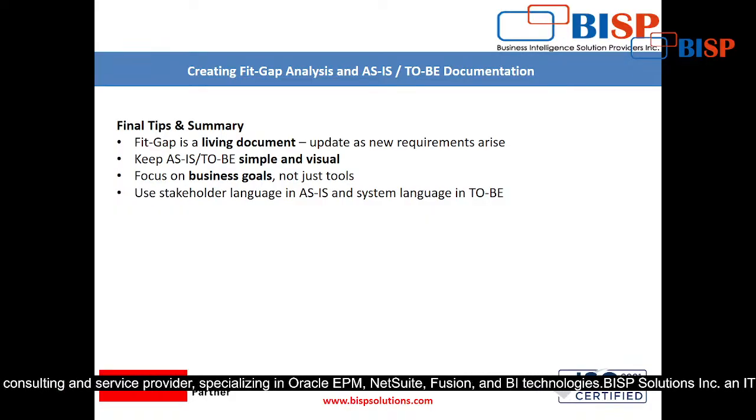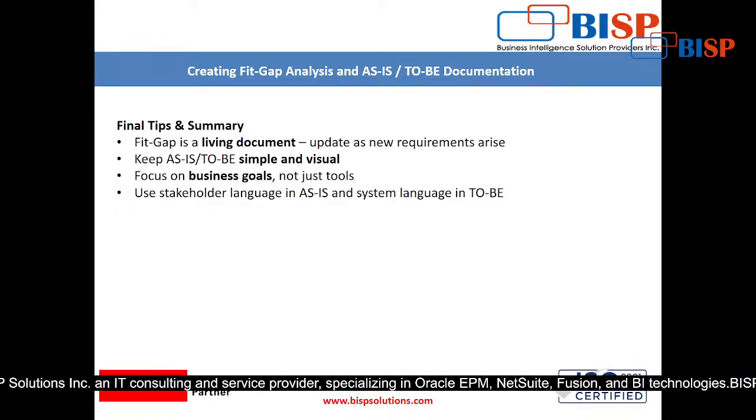Because see what happens whenever I communicate with any client, right? Few clients are comfortable with English, but few clients are not comfortable with English. They prefer to speak their own language. So that is why you need to be very careful: keep as is and to be simple and visual.